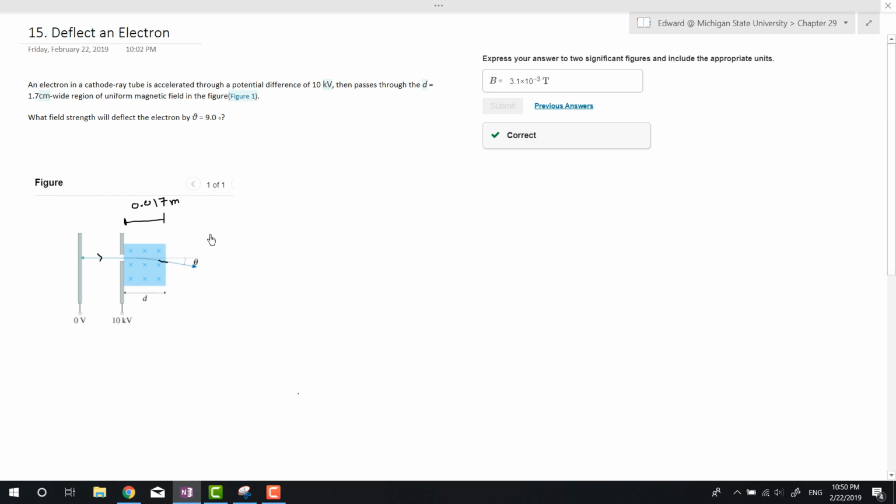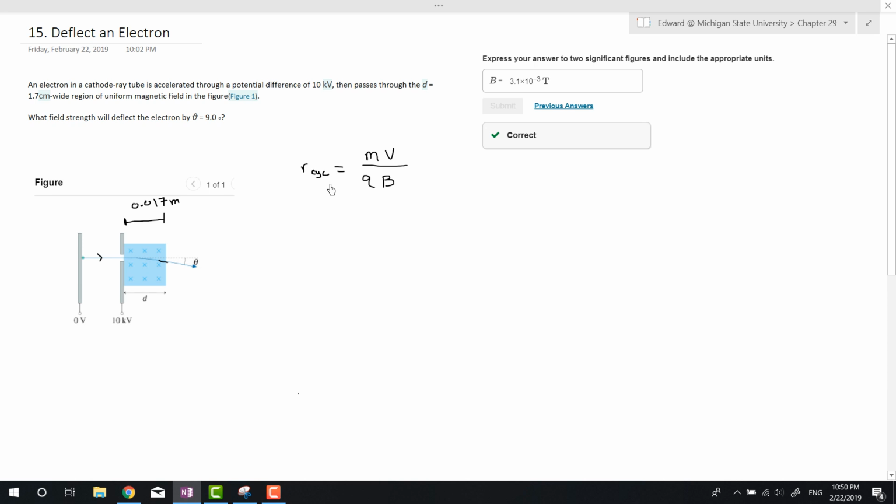So the equation we need to know is for the cyclotron radius. The radius of a cyclotron is equal to the mass times the velocity, that's the velocity, not the voltage or the electric field, divided by the charge times B, which is the magnetic field we're trying to find.